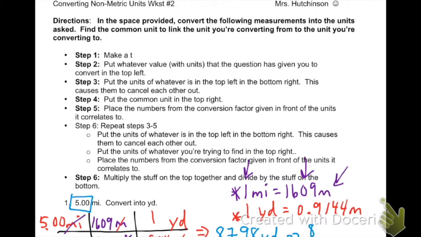So we're going to have to write this in scientific notation. So we would get 8.80 times 10 to the third yards. Okay? So that is how this second worksheet works. So work on converting non-metric unit worksheet number 1 and work on converting non-metric worksheet number 2.